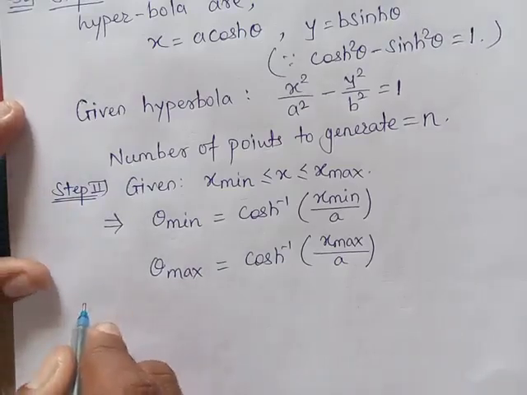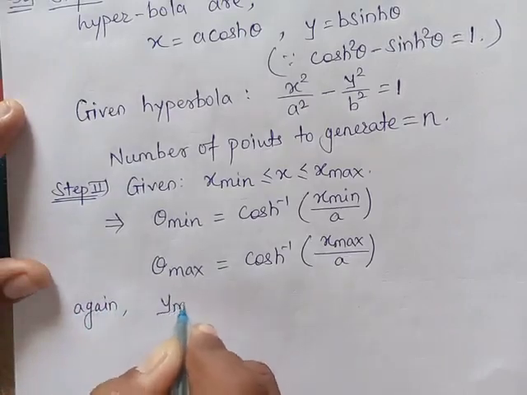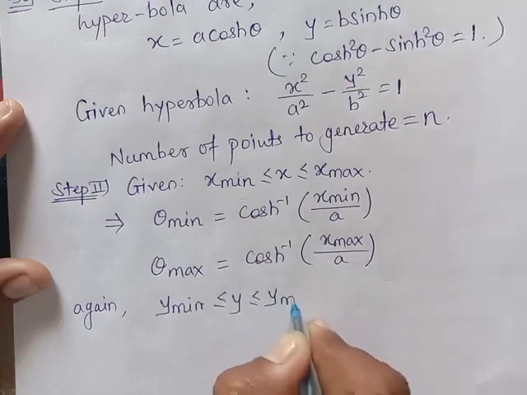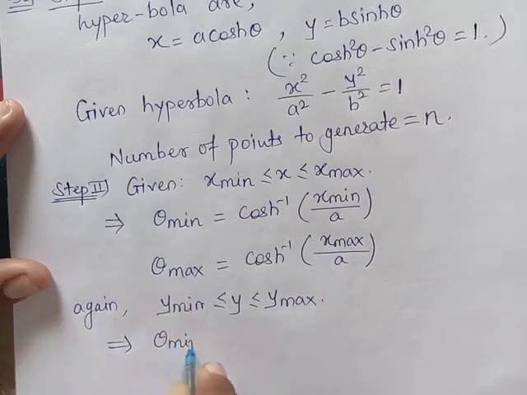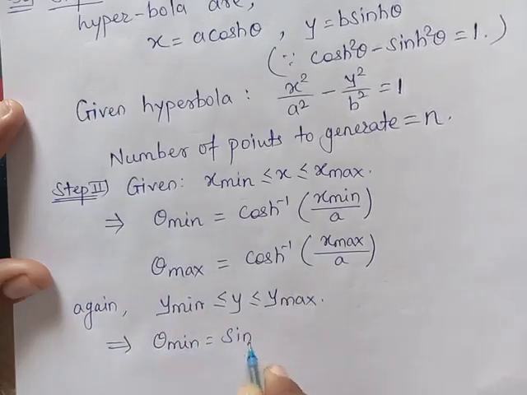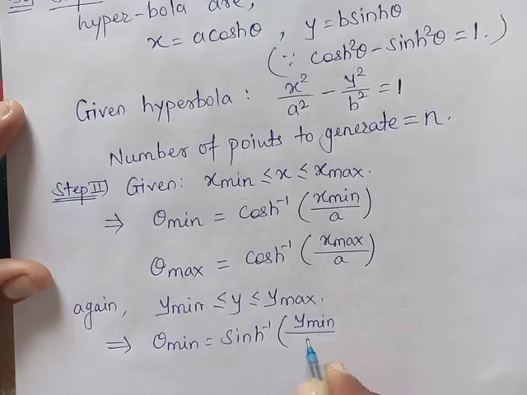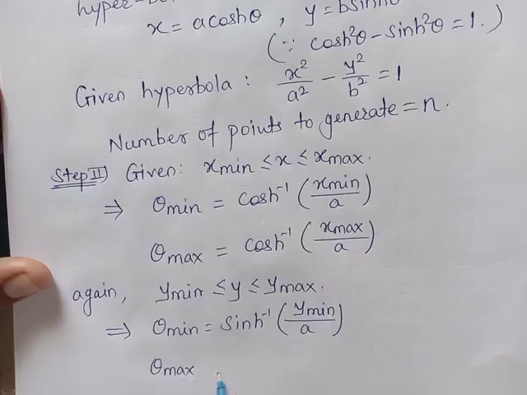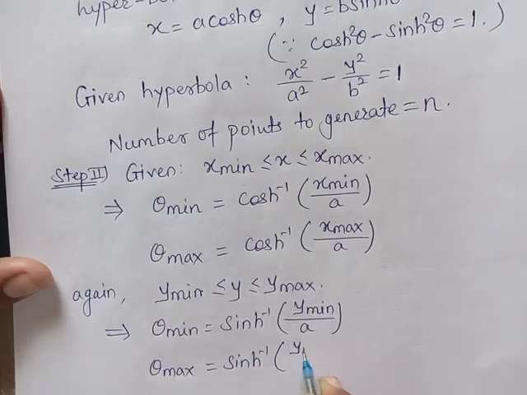Again, suppose a range of y is given, y minimum less equal y maximum. That gives theta minimum as sine hyperbolic inverse of y minimum upon a, and theta maximum as sine hyperbolic inverse of y maximum upon a.